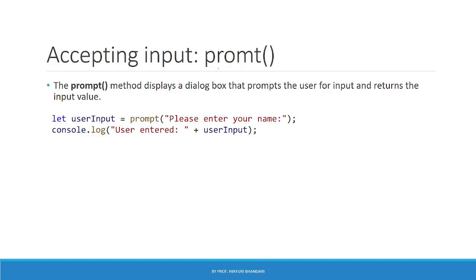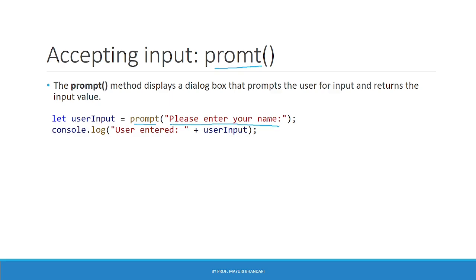To accept input, we can use prompt. The prompt method will display a dialog box in which you can enter some input, and whatever input the user enters, it will return that input value. How to use prompt? You can see here we have used prompt, and in parentheses we have given some message.